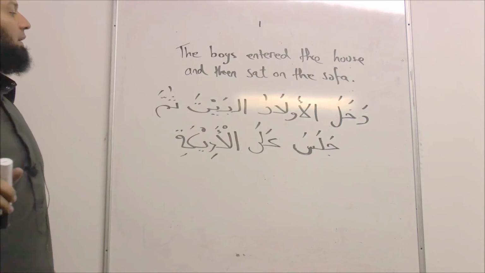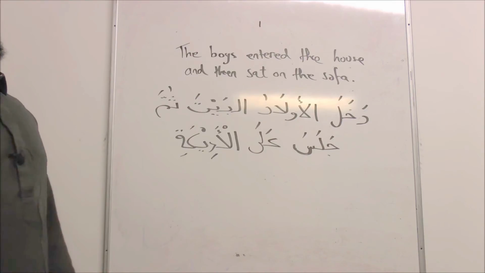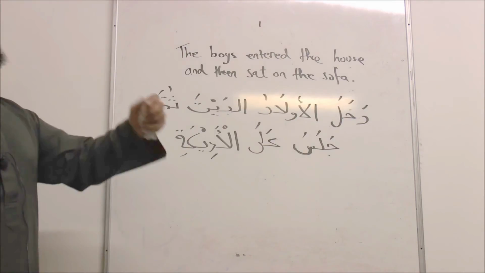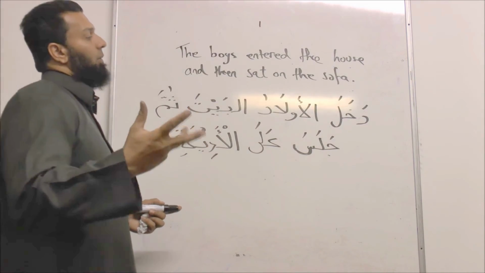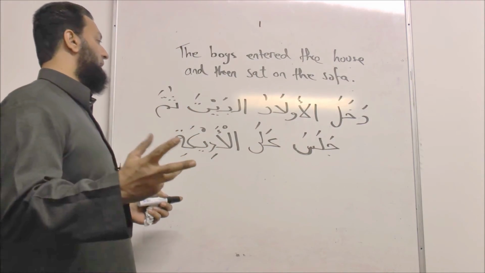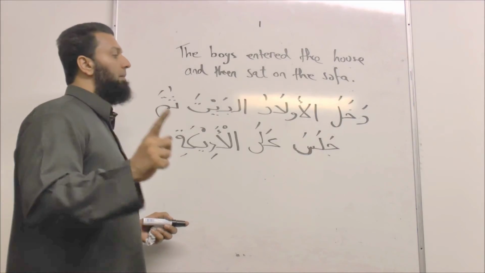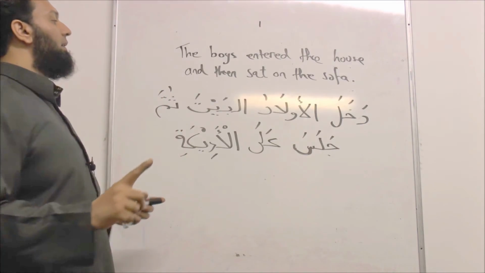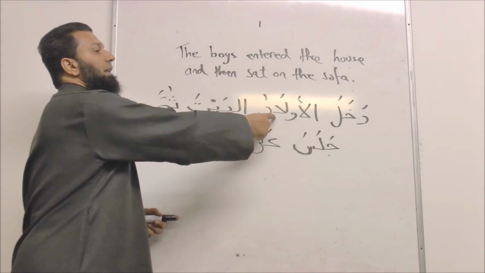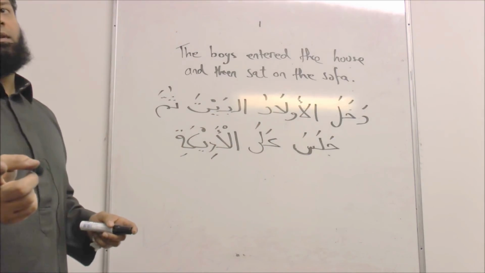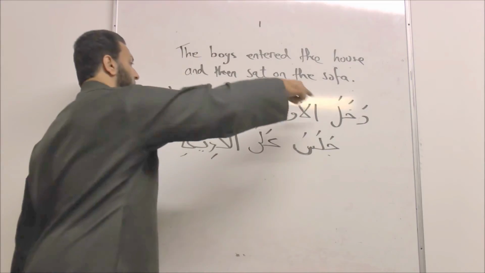Now, there's a mistake here. Why? Because the point that we want to emphasize in this lesson is the agreement between the fa'ilun, in this instance our fa'ilun is al-awladu, and the fi'lun.